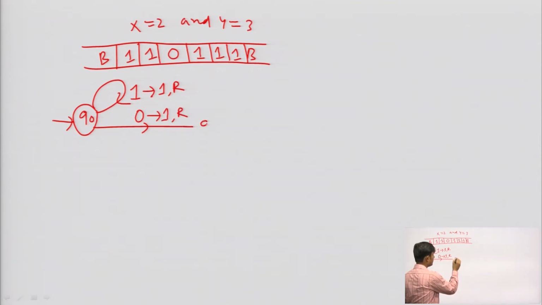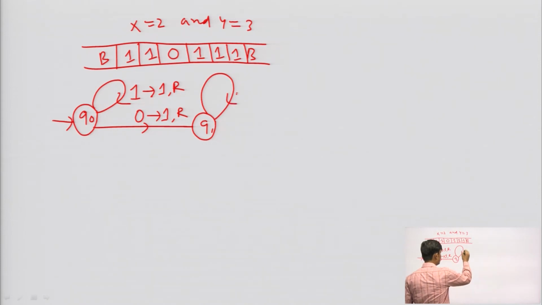So now you are in Q1, clear? Now in Q1, what you have to do? In Q1 we have to read all 1, then 1 right. So for all y, you read all the 1s. y is 3, so read 3 1s and move right, right.